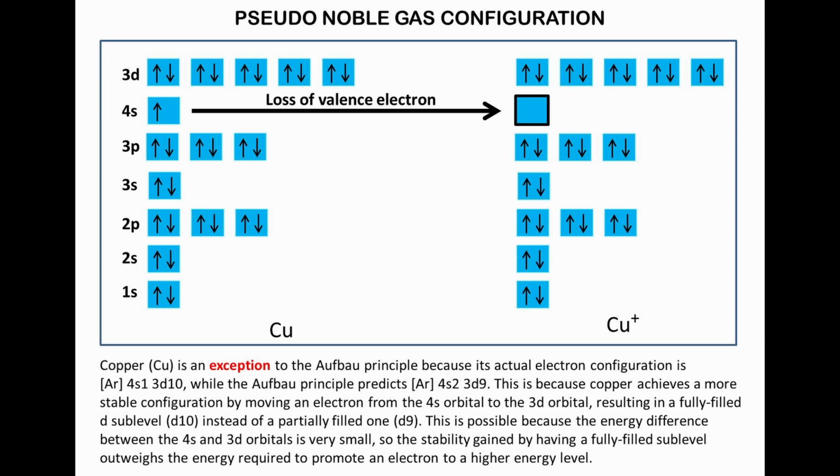This is because copper achieves a more stable configuration by moving an electron from the 4s orbital to the 3d orbital, resulting in a fully filled d sublevel instead of a partially filled one. This is possible because the energy difference between the 4s and 3d orbitals is very small, so the stability gained by having a fully filled sublevel outweighs the energy required to promote an electron to a higher energy level.